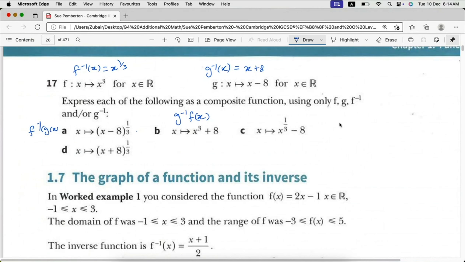No, g of f inverse x, we are substituting f inverse in g. Yes. And the last one would just be f inverse g inverse x. Correct.